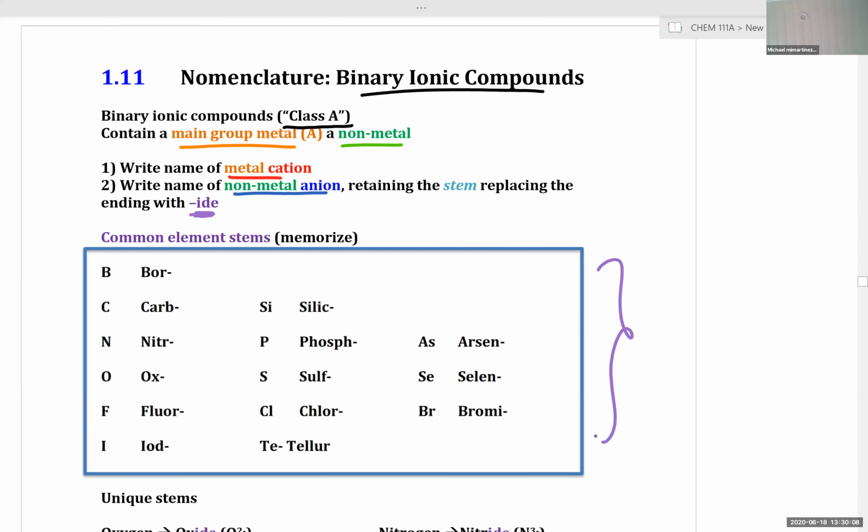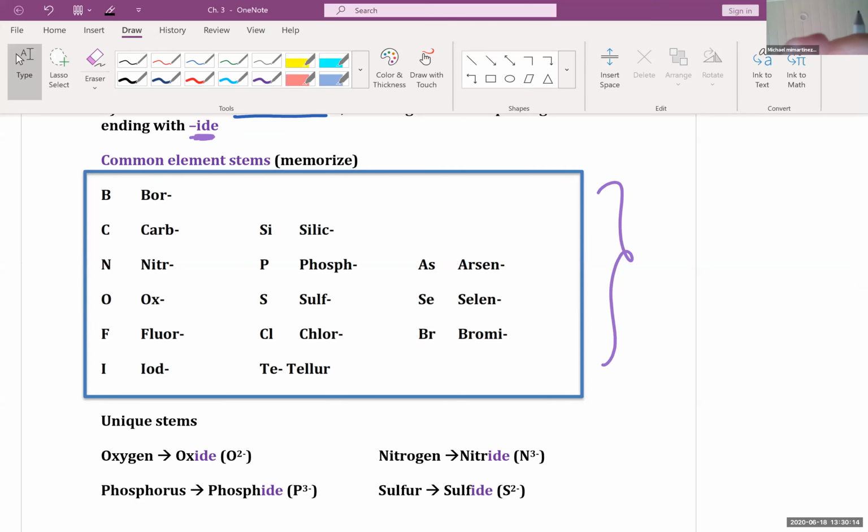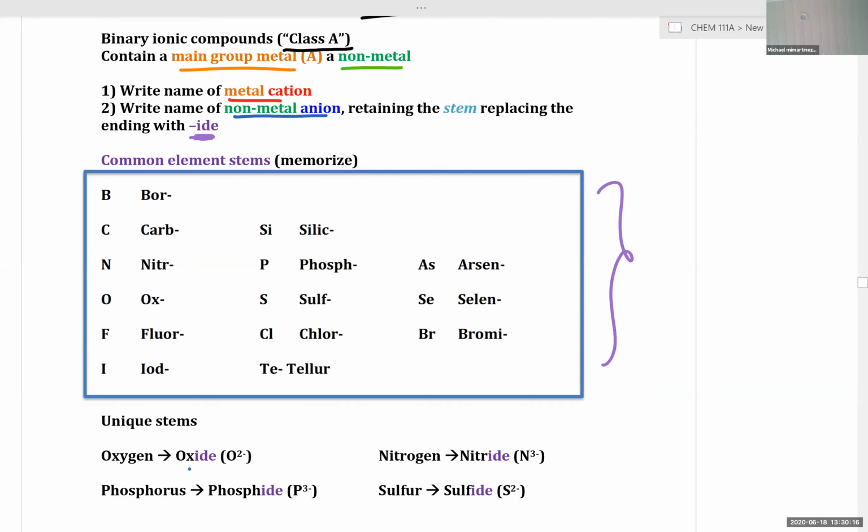Now, there are a few unique stems that often catch students off guard. So for oxygen, oxygen turns to oxide with the stem being ox. Phosphorus turns to phosphide with the stem being the phosp prefix. Nitrogen turns to nitride with the NITR prefix being the stem.